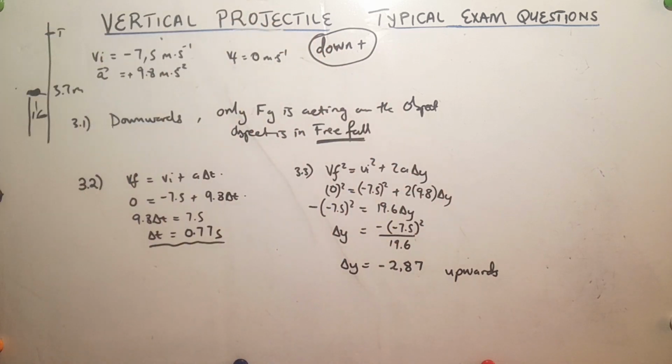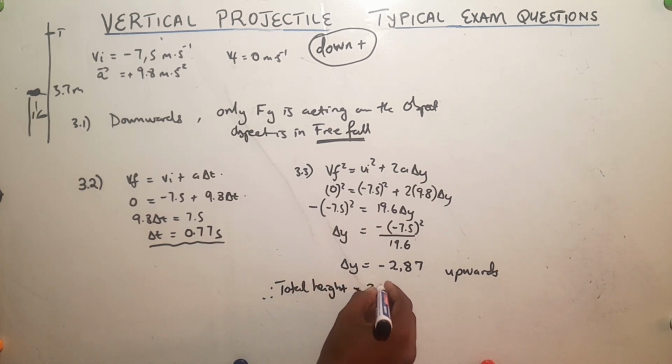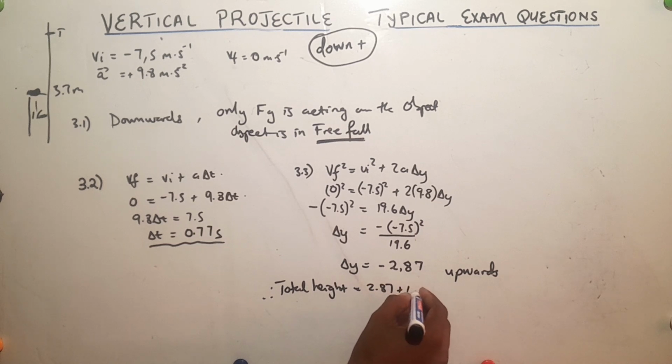So now we know that if it is negative, it means that it is going upwards, because our downwards is positive. So now it means that the total height reached by this ball will be 2.87 plus 1.6. Let's see what that gives us.